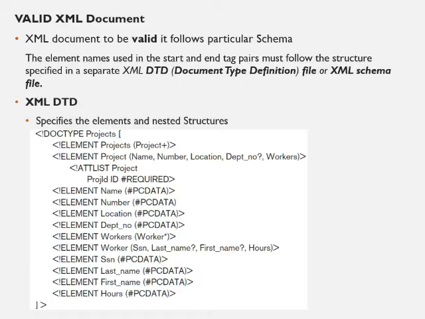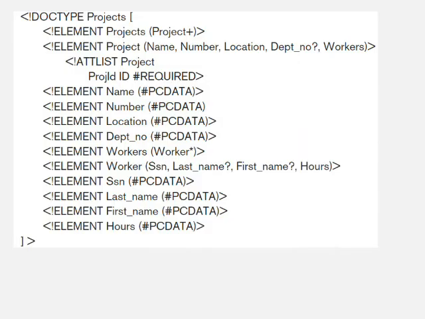A special syntax exists for specifying DTD files, that is, the document type and element keywords. In the first line, a name is given to the root tag of the document, which is called project. The elements and the nested structures are specified with the symbols plus, star and question mark. Plus symbol: one or more elements can be repeated in the document, that is called a required multi-value element.